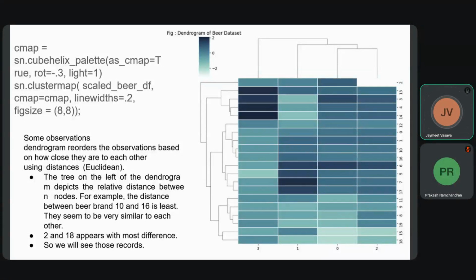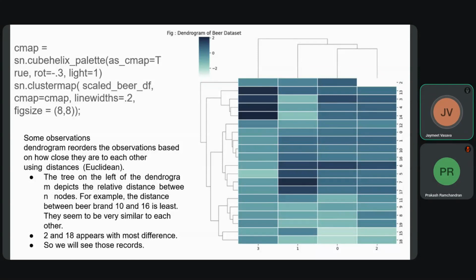Observations 16 and 10 are the most similar. On the left side of the dendrogram, you can see the smallest distance captured in the dataset is for 16 and 10.